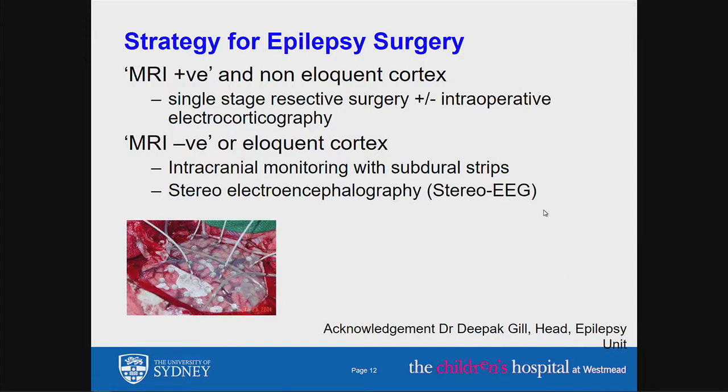Part of the paradigm for surgery involves mapping the origin of the seizure focus, and in which case it can either occur via invasive intracranial monitoring, as you see here, where a grid of surface electrodes are laid on the surface of the brain, or more commonly in the more advanced centres, moving towards stereo EEG, or stereo electroencephalography.